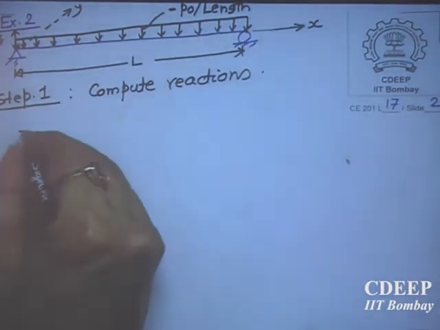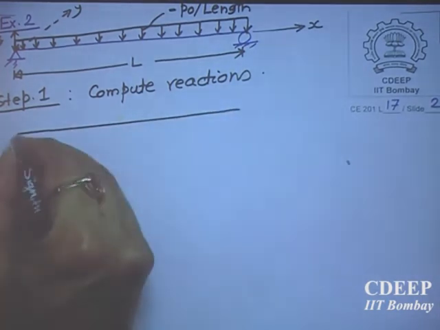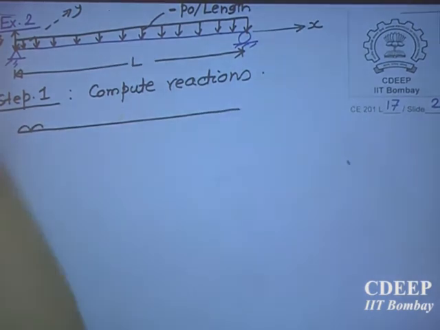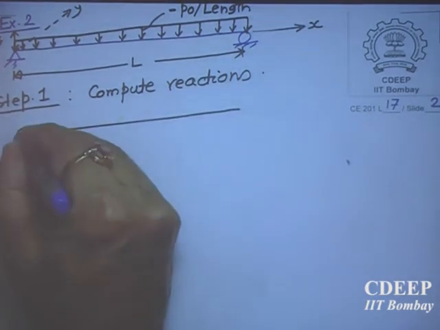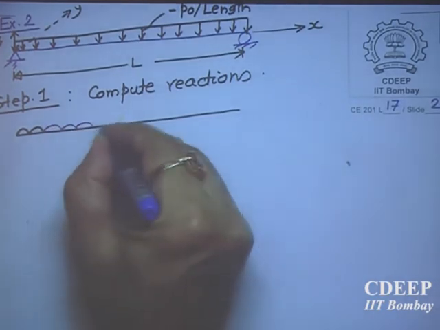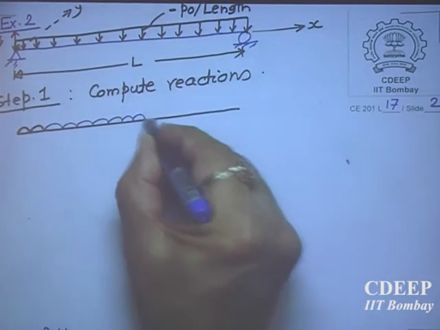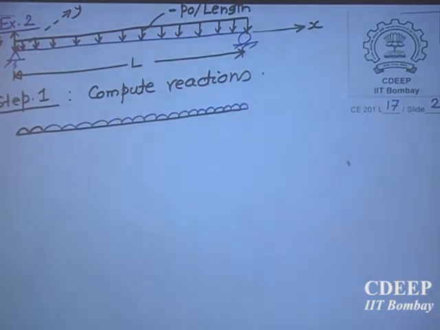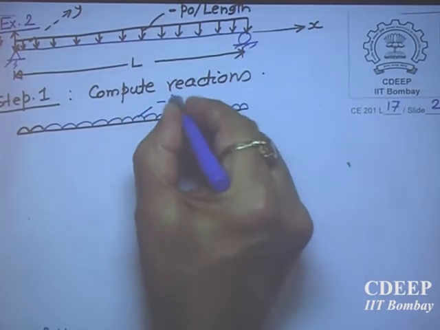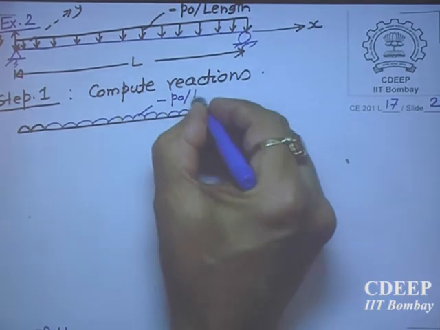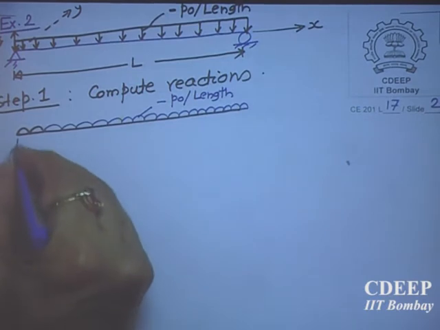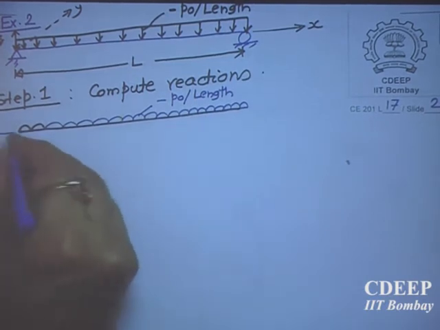Reactions, free body diagram. A uniformly distributed load is shown by this diagram. Instead of drawing arrows of the same length, we just show it like this. This means uniformly distributed. So it is minus P naught per unit length. This is a hinge, so I have two unknowns.